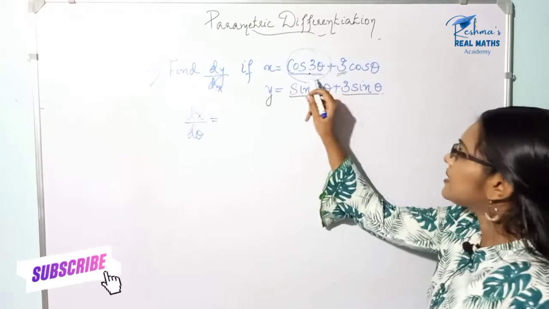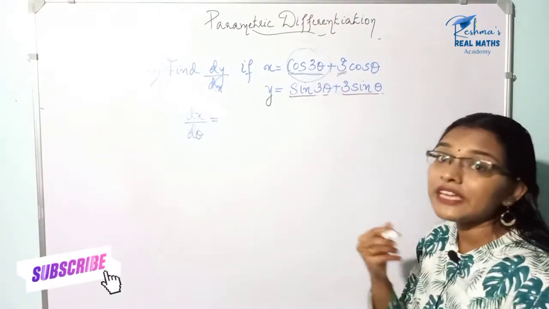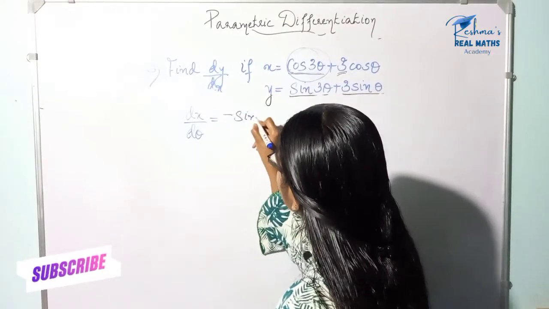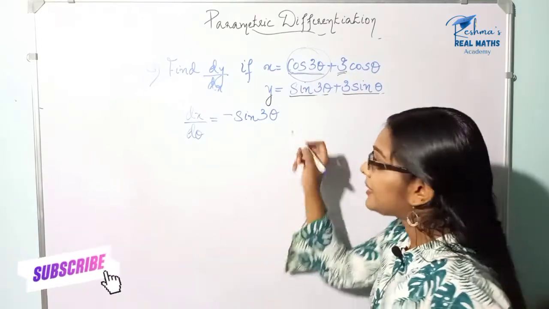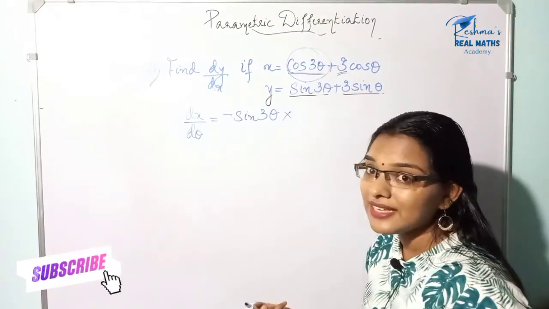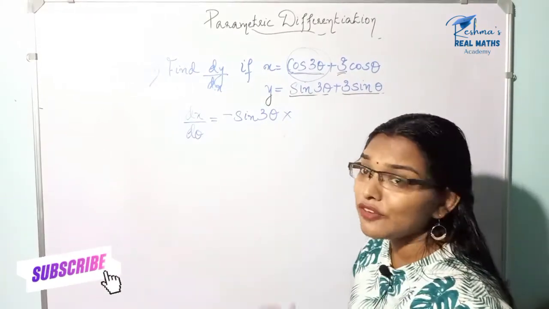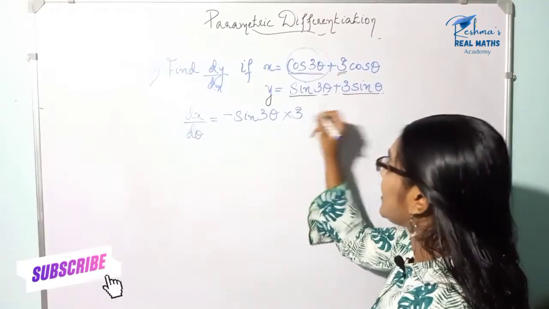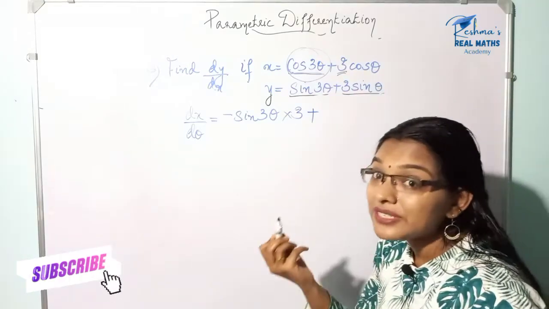Look at the x. It is cos 3 theta plus 3 cos theta. So what is the derivative of cos 3 theta? It is minus sin 3 theta. Since it is 3 theta, we have to multiply with the derivative of 3 theta, isn't it? It is the chain rule of differentiation. What is the derivative of 3 theta? When we differentiate with respect to theta, it is 3, plus 3 cos theta.